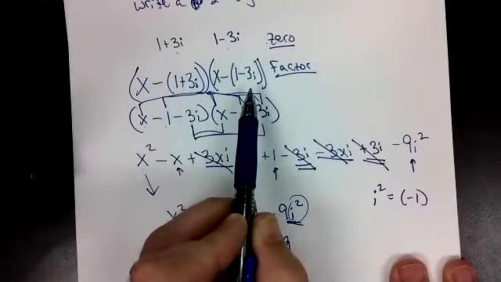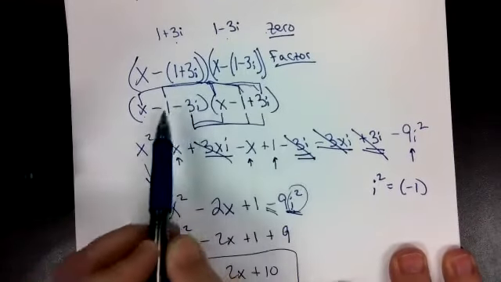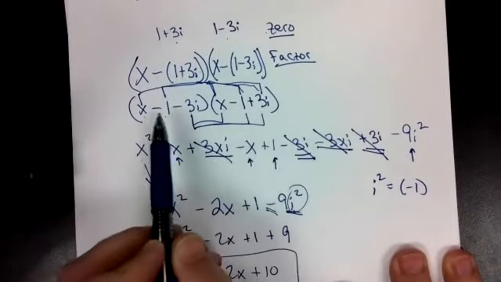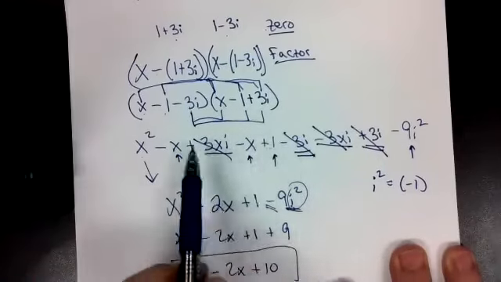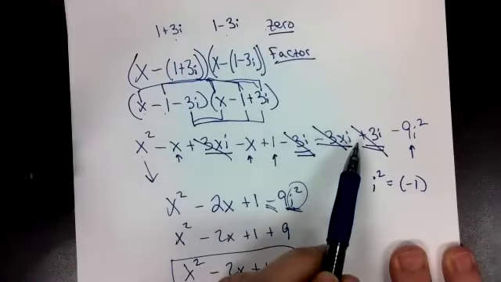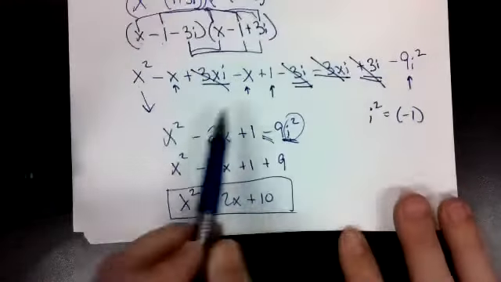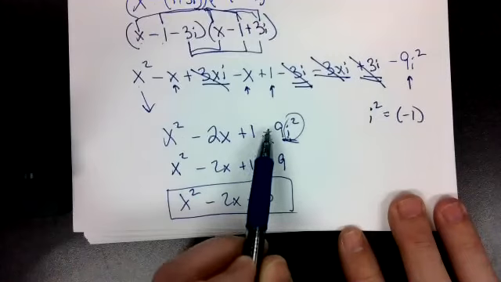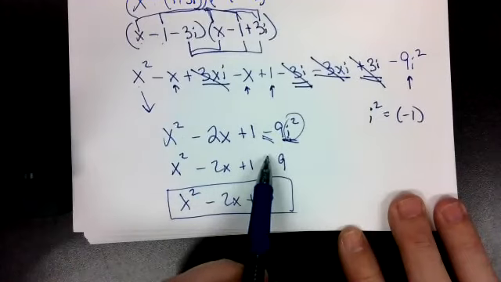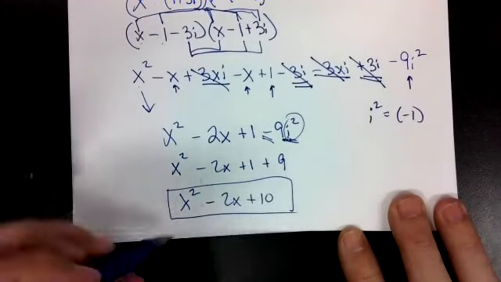Rewrite those as factors. Go through the process of distributing each term times the other 3. Cancel out your opposites. Combine your like terms. i squared simply changes negative 9 to a positive 9. Again, combine like terms.